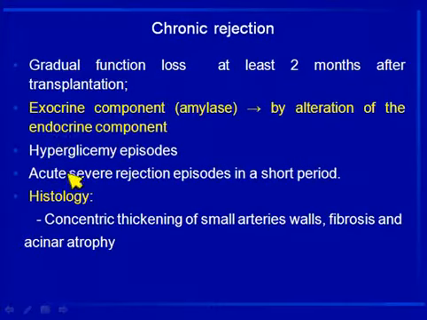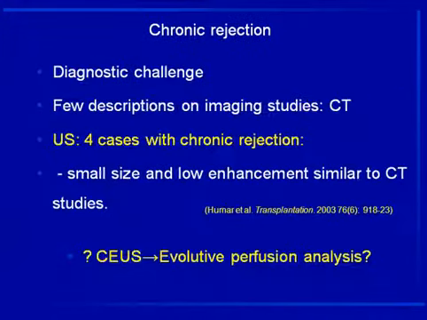The patient presents hyperglycemic episodes with acute severe rejection episodes in a short period of time. On histology, we can characterize concentric thickening of small artery walls, fibrosis of the acinar, and acinar atrophy.